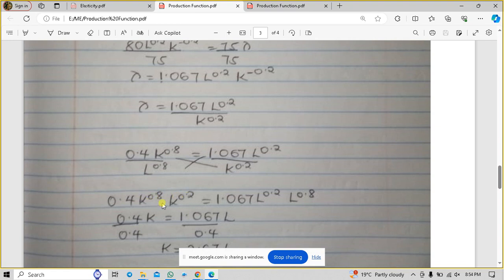So k powers that follow each other, and here there is no symbol, so you're going to add the powers. 0.8 plus 0.2 gives you 1, so we'll have 0.4k to the power 1, which is the same as saying 0.4k equals L, also following each other, add the powers. 0.2 plus 0.8 is 1, so here we say 1.067 L.